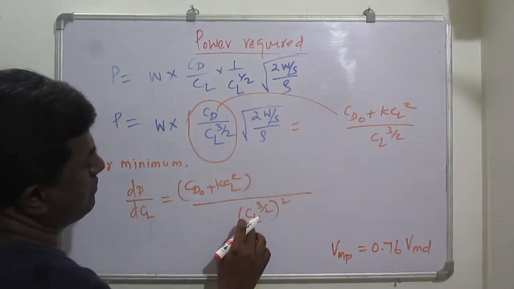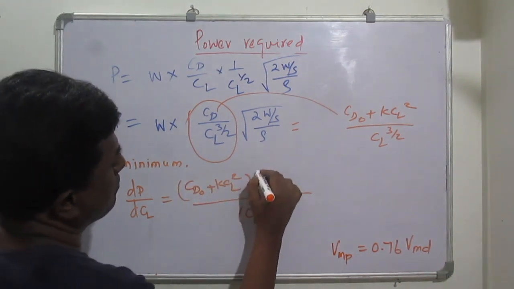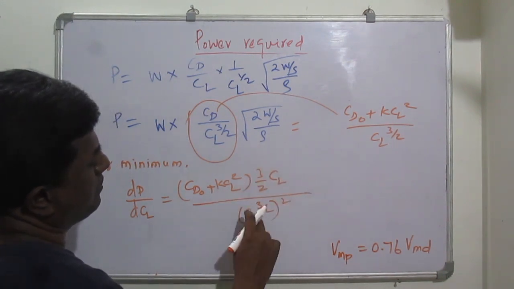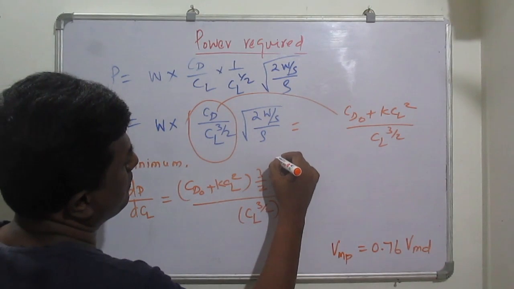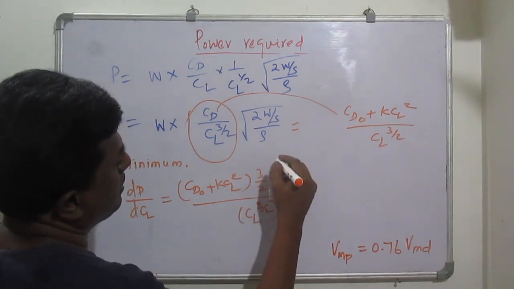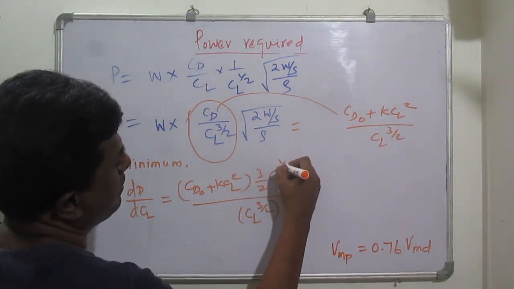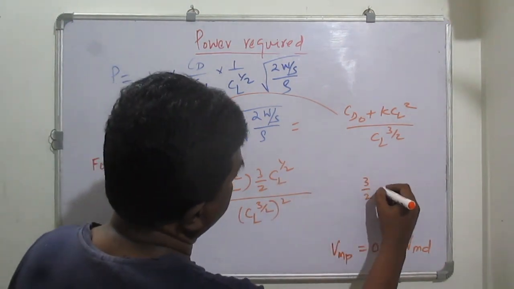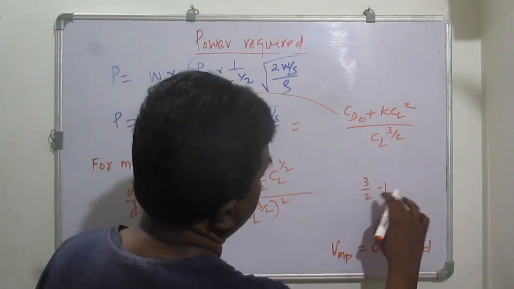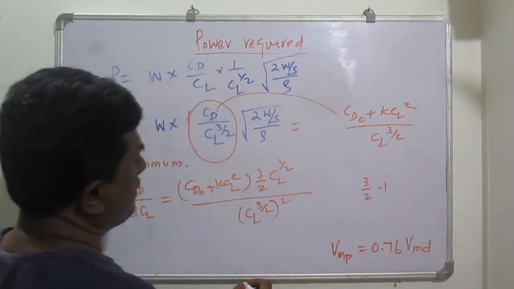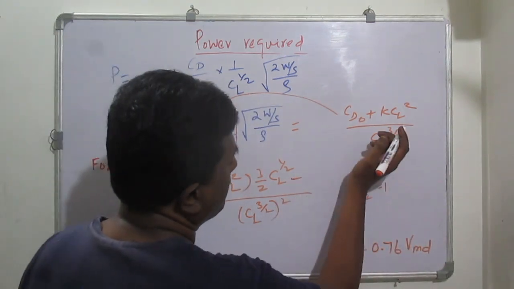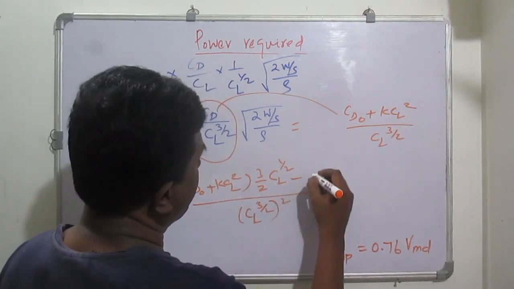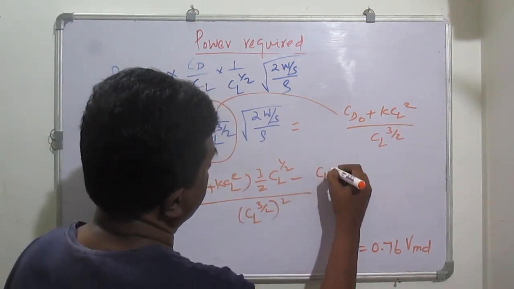Differentiating this term, we get 3 by 2 CL power 3 by 2 minus 1, which is 1 by 2, minus this term, which will be as it is.